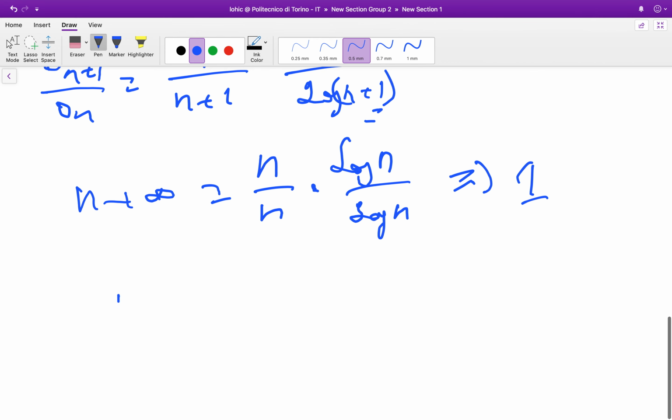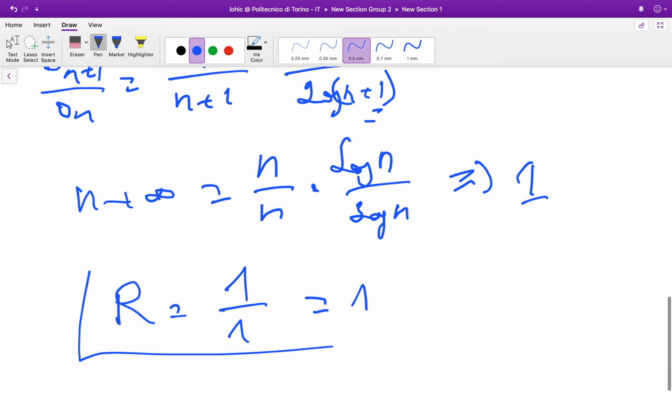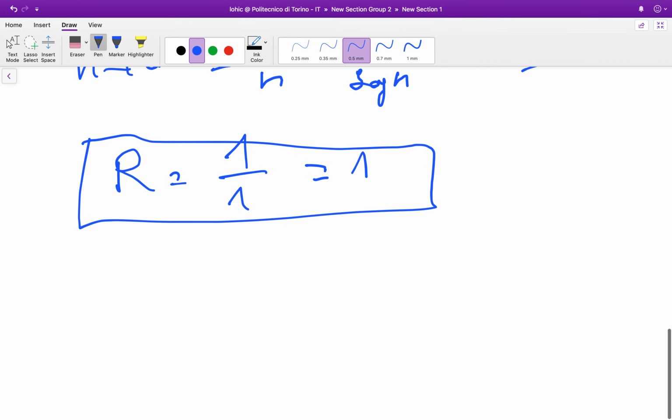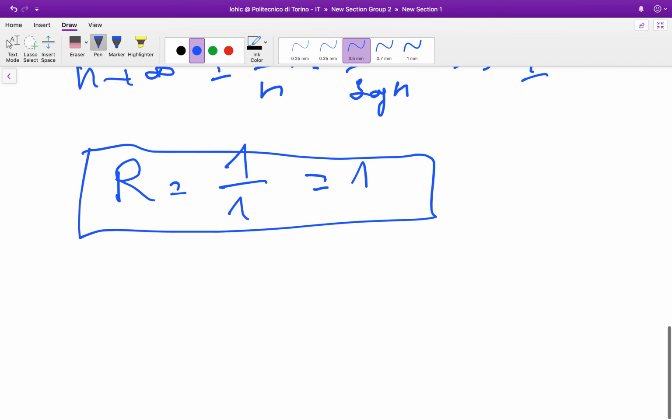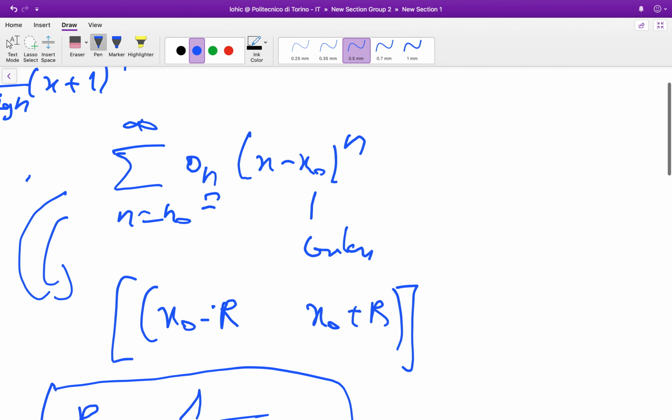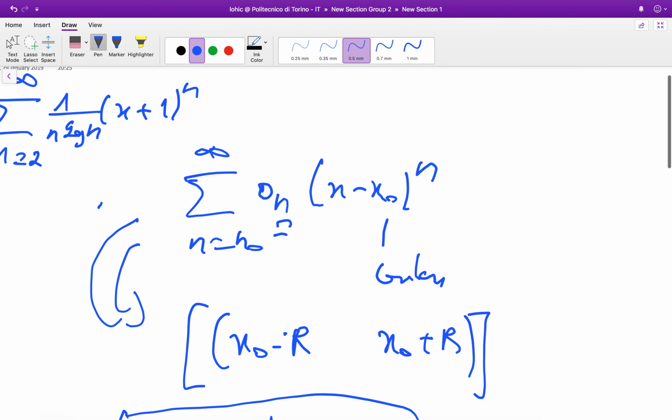Then it means that the radius of the power series will be 1 over 1, equal to 1. I remind that the center of this power series was -1. So for this power series, the center is x0 equal to -1.